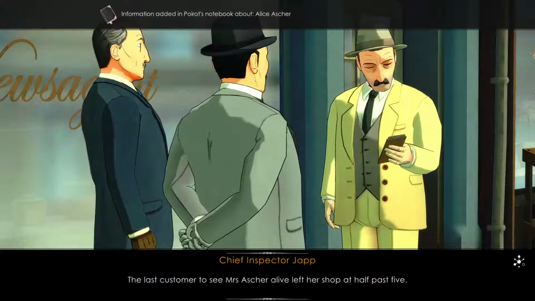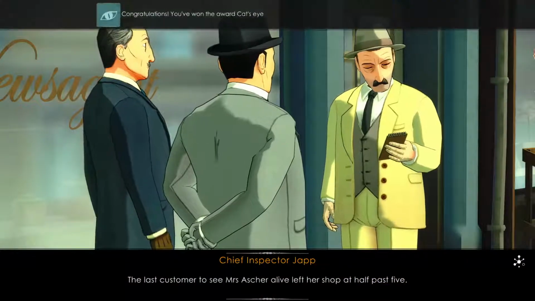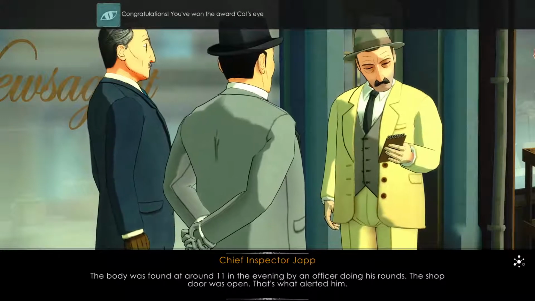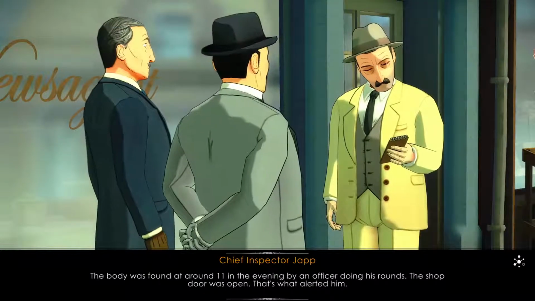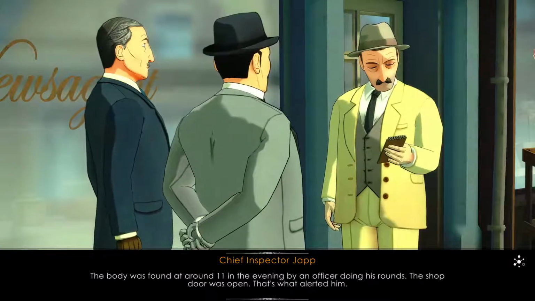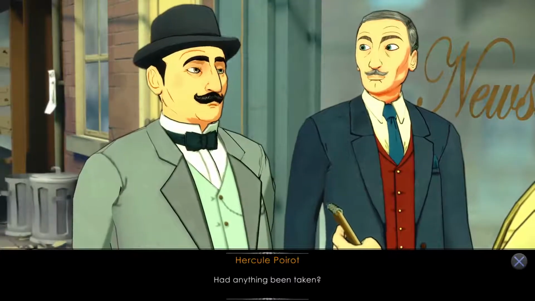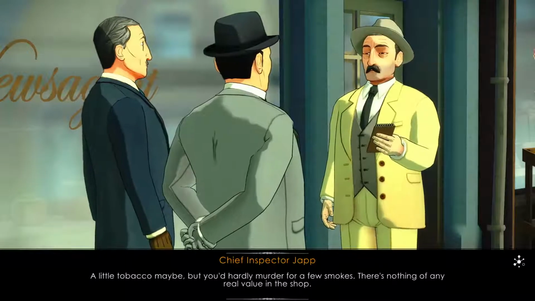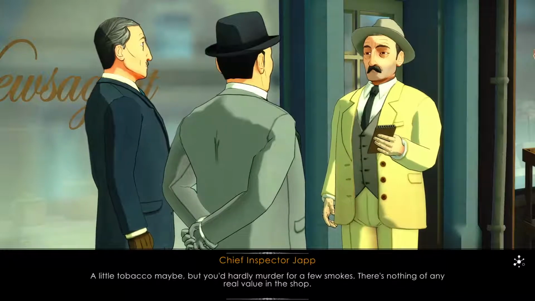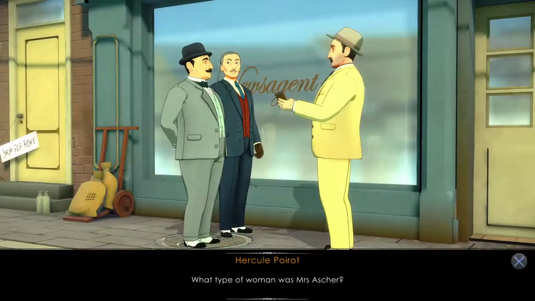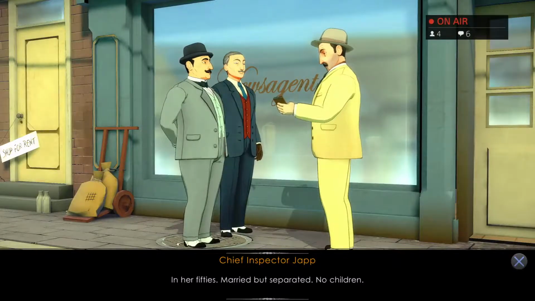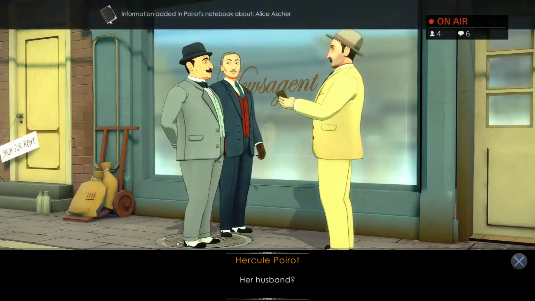The last customer to see Mrs. Asher alive left her shop at 5:30. The body was found at around 11 in the evening by an officer doing his rounds. The shop door was open. That's what alerted him. Had anything been taken? A little tobacco maybe, but you'd hardly murder for a few smokes. There's nothing of any real value in the shop. What type of woman was Mrs. Asher? In her 50s, married but separated, no children. Her husband?